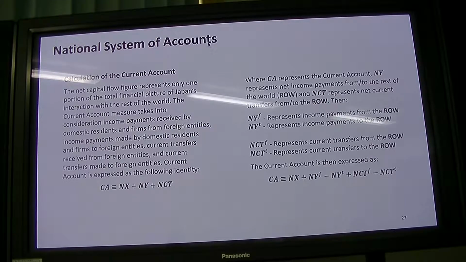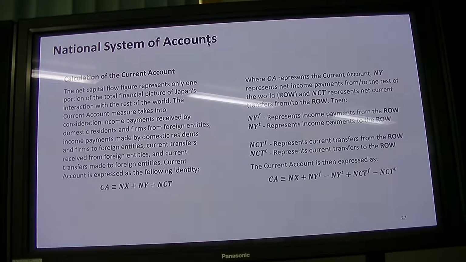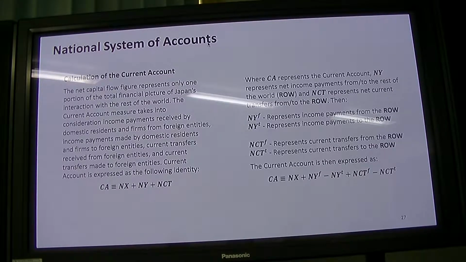And also current transfers that are received from foreign entities.